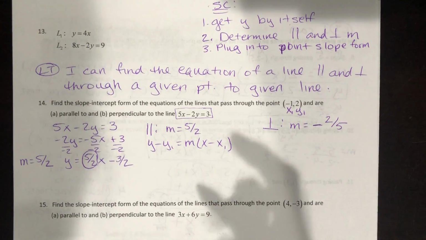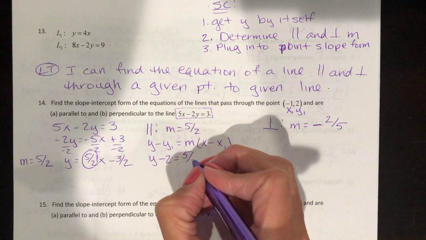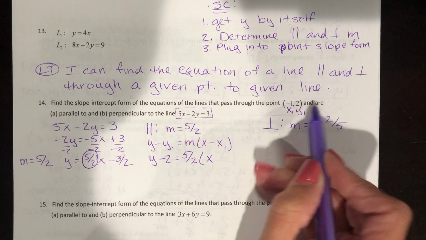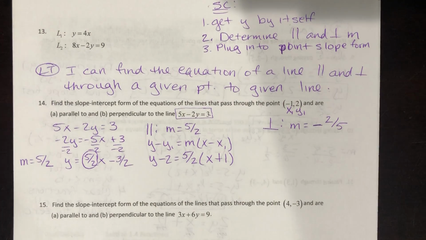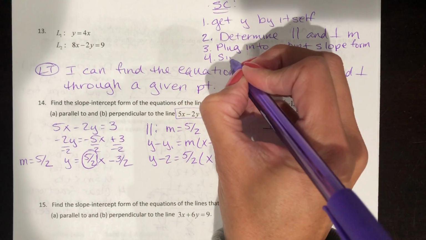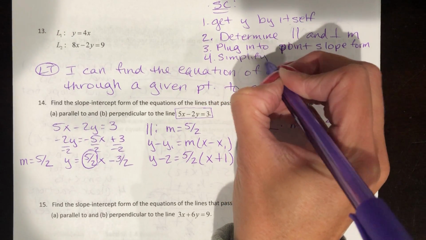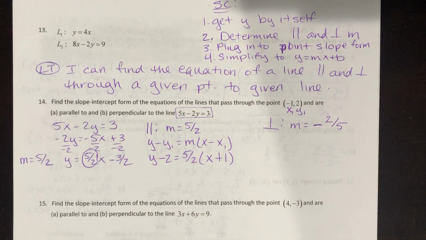I'm going to plug it all in now. So y minus 2 equals 5/2 times x minus -1, which I'm going to simplify. That's going to be +1. Now I'm going to get y by itself so that it is in slope-intercept form. So that's step 4: we're going to simplify to the y equals mx plus b form.